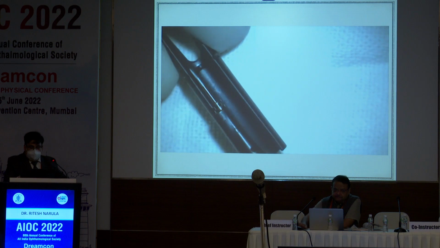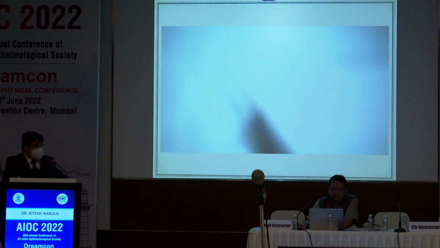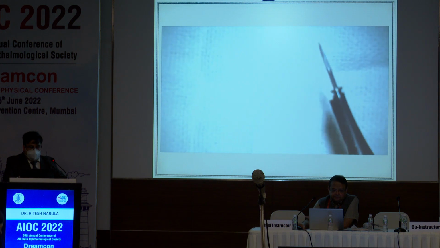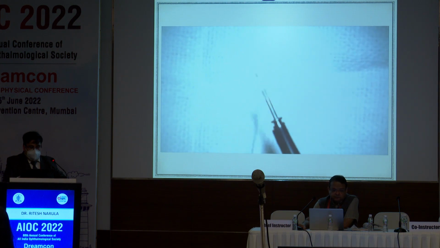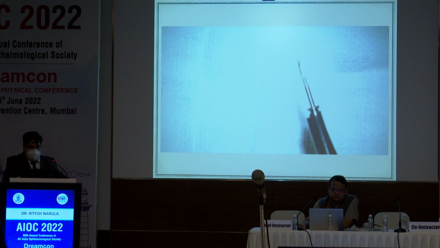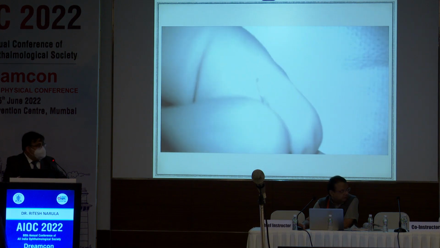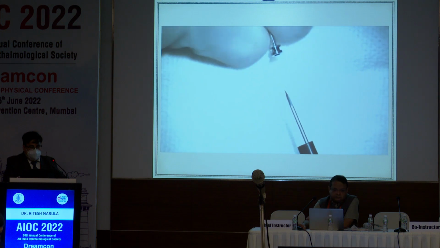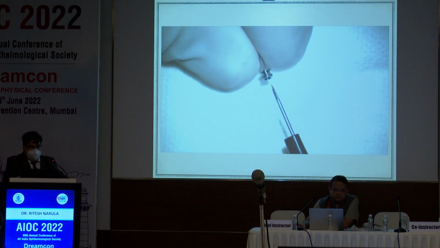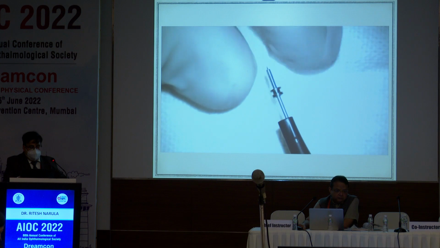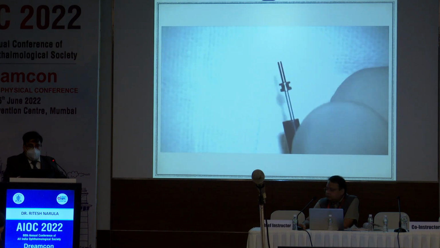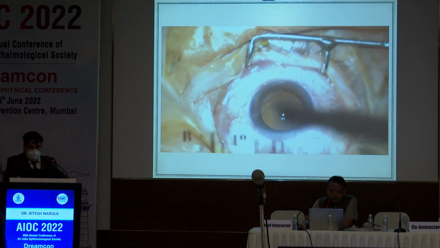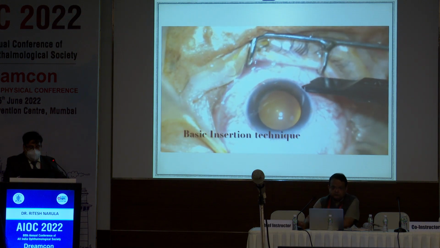The trocar cannula consists of a sharp spear-shaped trocar, threaded over which is a round-bodied cannula. In a phakic eye, the cannulas are inserted 4 mm from the limbus.